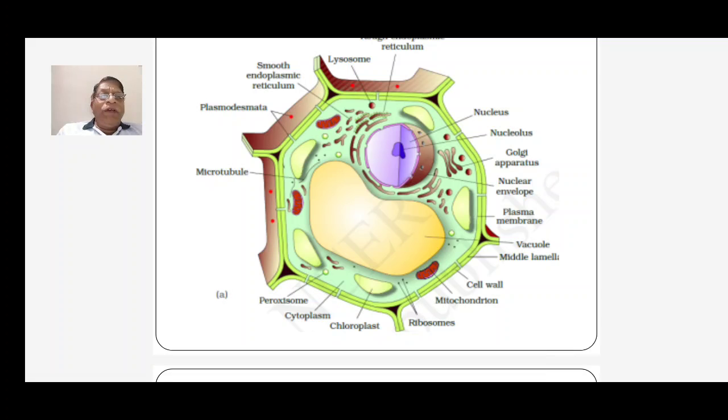It is the living membrane. Plasma membrane encloses the living substance called protoplasm. Protoplasm includes both the cytoplasm and the nucleus.